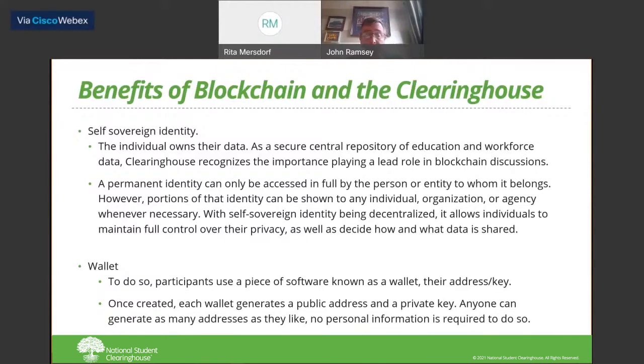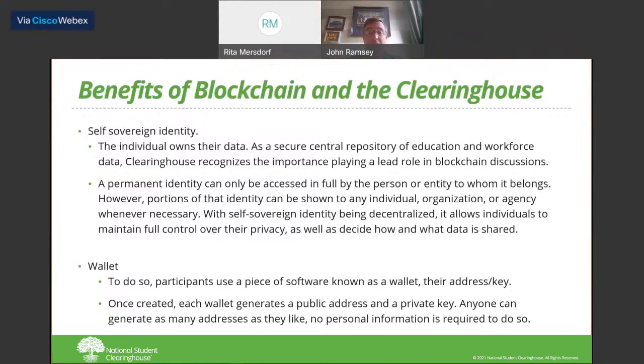So let's talk accessibility. We just mentioned there's a lot of data on a lot of people. With self-sovereign identity, the learner, the owner of the data, controls who can access what data elements and by whom. A good example is if an employer wanted to see if I had a security or a nursing credential, when I provide that access to the employer to validate that, I can indicate the employer can only access my validated credentials.